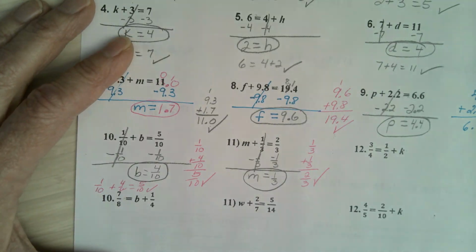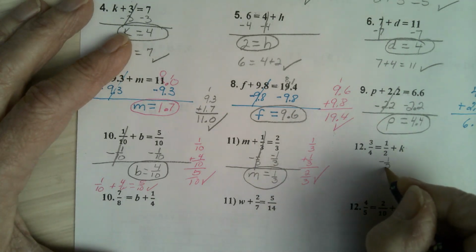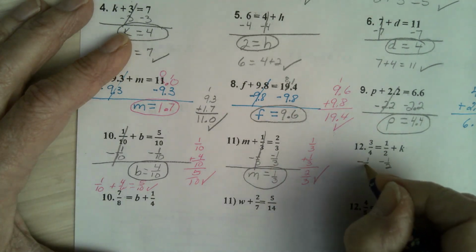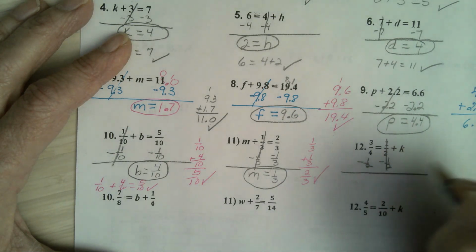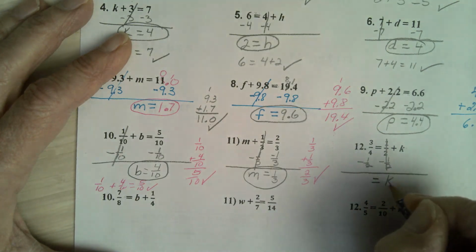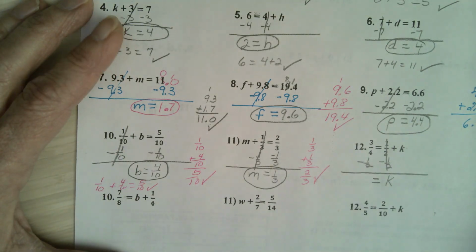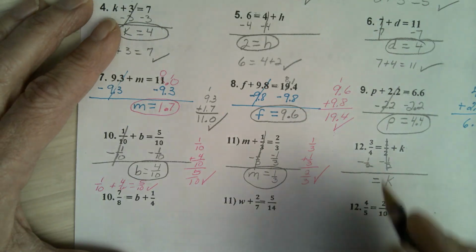Here we have to undo adding 1/2. Minus 1/2, minus 1/2. Draw your line and cancel. Put your equal sign and bring down your variable k. Now, when you subtract or add fractions, you have to have the same denominator, right?